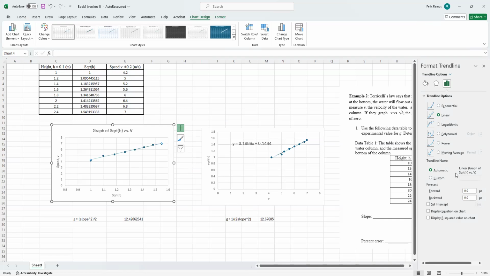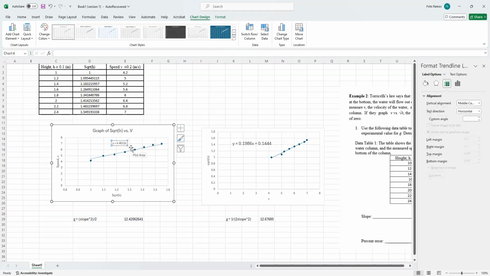Because we are making a linearization, so we are supposed to obtain a graph that is aligned, where there is a linear relation between the variables. So that's why I will just pick the linear, and then I will set the intercept to 0, 0, and I will say that I want it to display the equation on chart. When they display the equation on chart, this is the equation they give me.